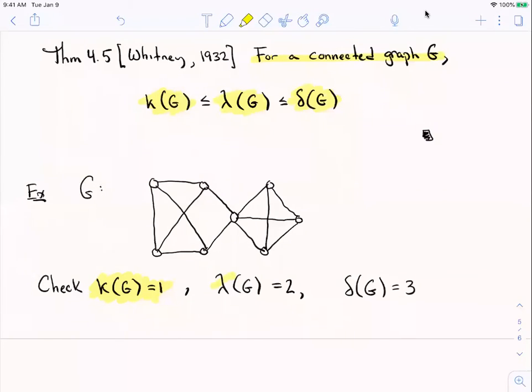Its edge connectivity is 2. And you can check at a glance that its minimum vertex degree is 3. So I just wanted to point out that these inequalities in that theorem can be made strict. This is an example where the vertex connectivity is strictly less than the edge connectivity, which is strictly less than the minimum degree.